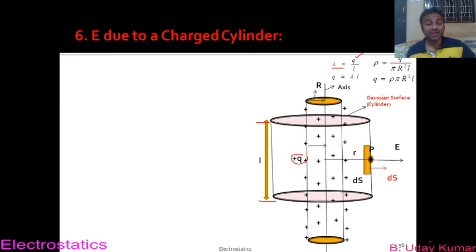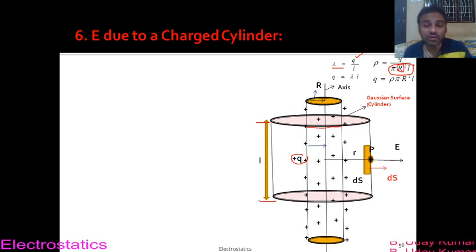where pi r square L is the volume of the charged cylinder, not the Gaussian cylinder, please remember it, because here I am applying the volume of a charged cylinder, which is pi capital R square L, because the charge is present only in the cylinder whose radius is capital R. By mistake, if you write it as small r, everything is going to be wrong.